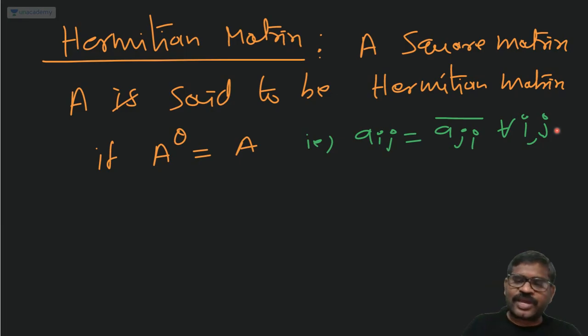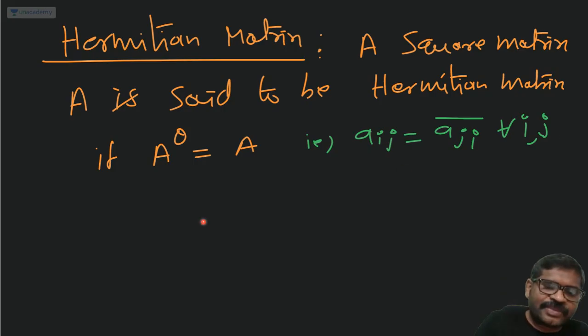A square matrix A is said to be Hermitian if A^θ equals A, that is, a_ij equals the conjugate of a_ji.